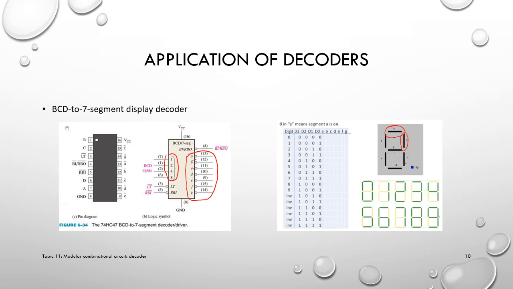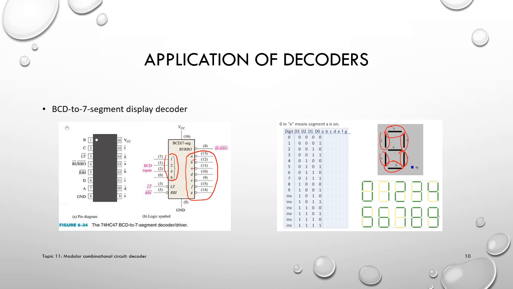For example, if the input for the decoder is 0, 0, 0, 0, basically we want the display to show 0. But to show 0, the LEDs A, B, C, D, E, F should be on, and G should be off.